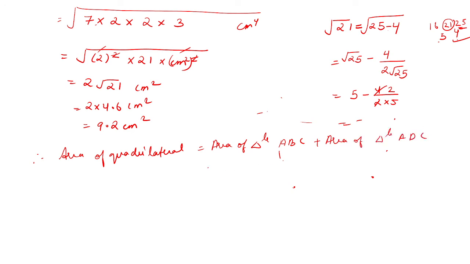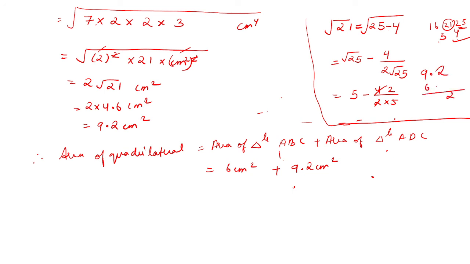What is the area of triangle ABC? 6 centimeters square. What is the area of triangle ADC? 9.2 centimeters square. So you add them up. Okay, this is all rough work. 9.2 plus 6, so 9 plus 6, 15, decimal point. So this becomes 15.2 centimeters square, and you can approximate it to 15 centimeters square.